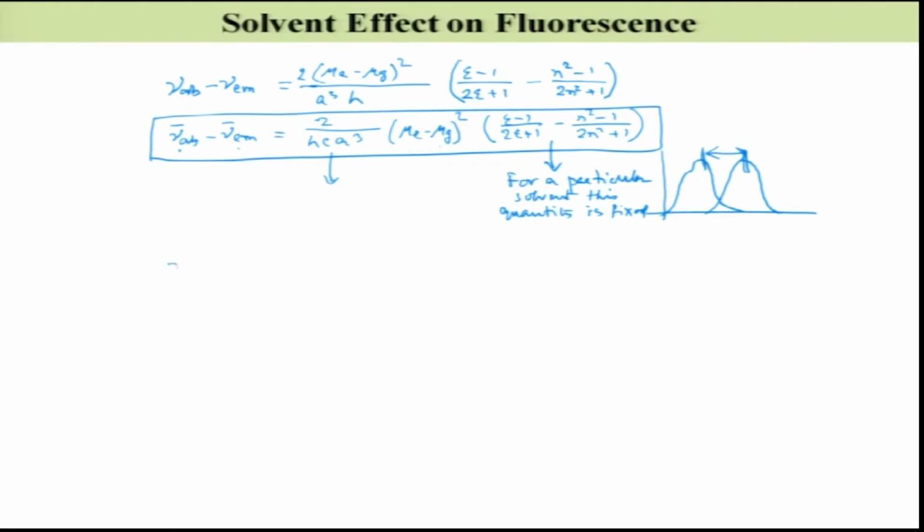So this equation should be nu bar absorption minus nu bar emission is equal to 2 by h c a cube, mu E minus mu G whole square, into epsilon minus 1 by twice epsilon plus 1 minus n square minus 1 by twice n square plus 1, plus some constant C. This constant C is because of the inherent Stokes shift of this molecule, which is because of the vibrational relaxation, right.